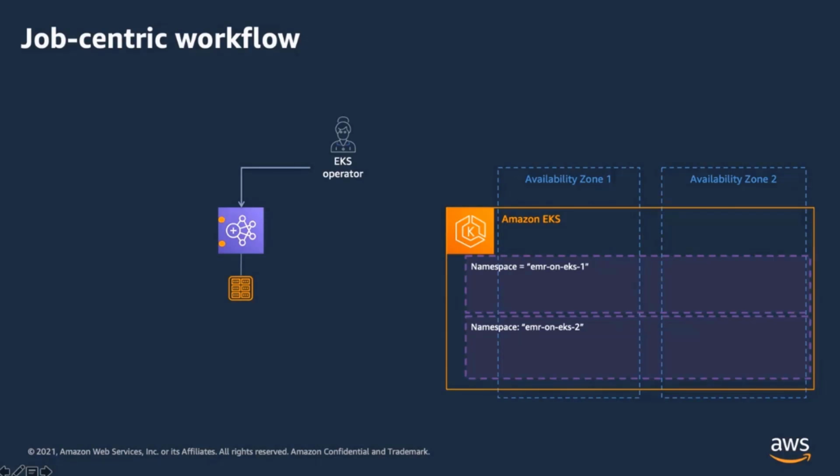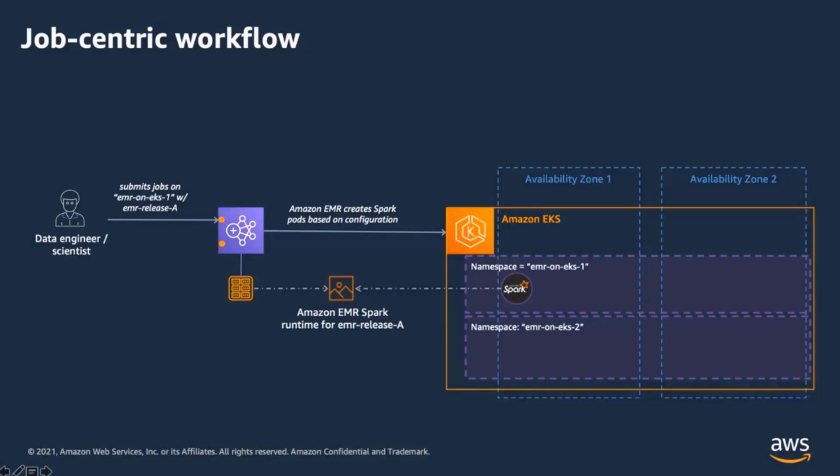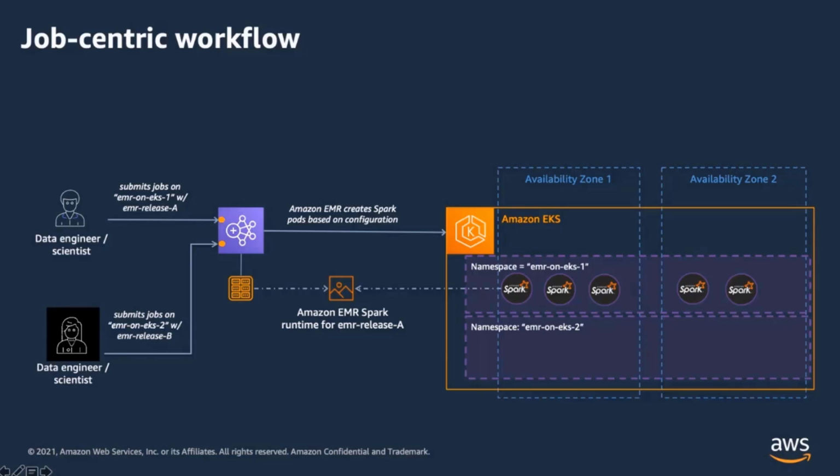That's what you see, those dots there. Once that is done, the data analytics team can come in and start submitting jobs. They submit a job for the first namespace, and another data analytics team, with a completely different Spark distribution, can run another job on a different namespace. So you'll see there's a way to control job isolation so that different teams can run multiple Spark jobs in a multi-tenant fashion.